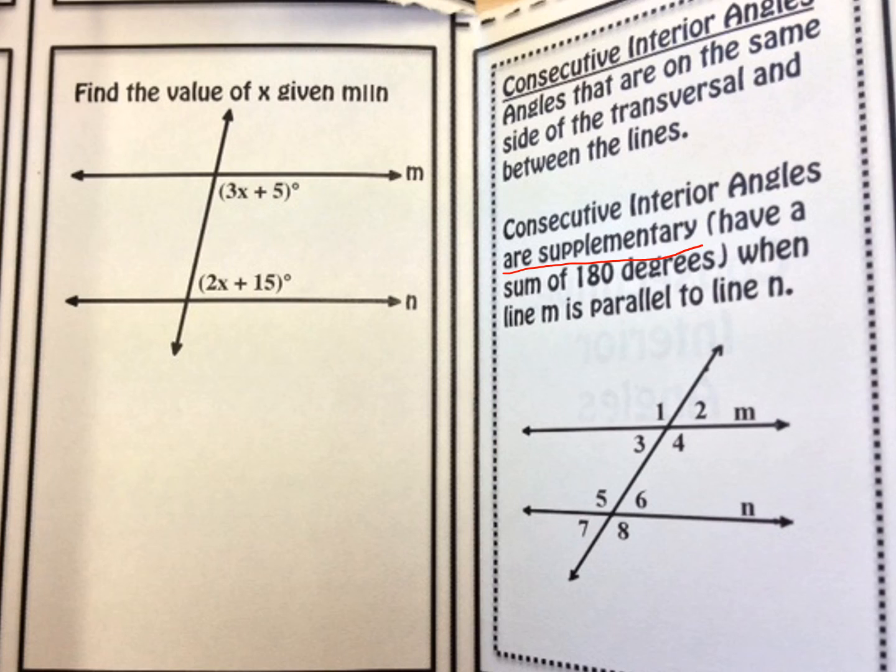So our equation is going to look different from the last three examples we did. So we said that these two angles, these consecutive interior angles, are supplementary. So how we have to set up our algebraic equation then is 3x plus 5 plus 2x plus 15 equals 180. And we should be pros at setting stuff up like this, since our last entire chapter was basically doing that.